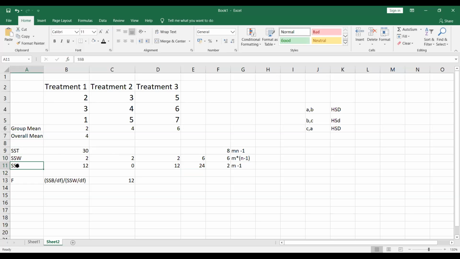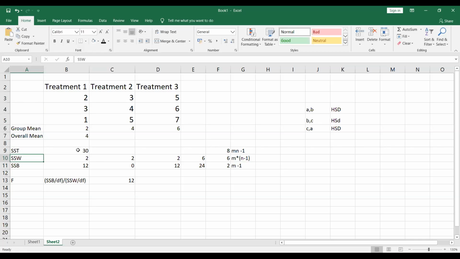Now, let's quickly summarize. What we have done is we first looked at the total amount of variation in the data, which is measured by SST. For individual observations, we have seen how much the deviation is from the overall mean. That is your total sum of squares, or total amount of variability present in the data. After that, for individual groups, you have seen the variability within the group.